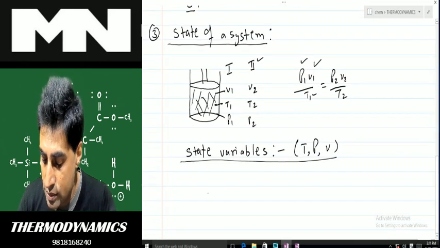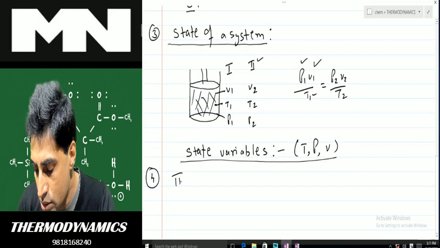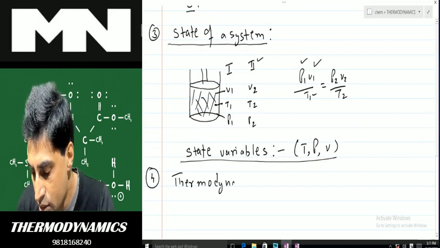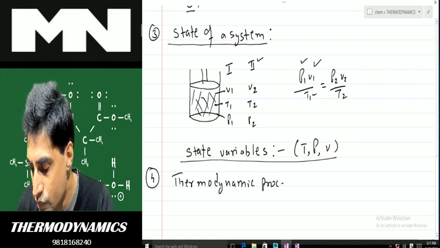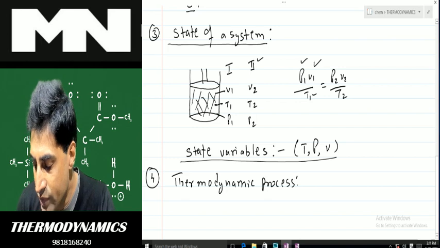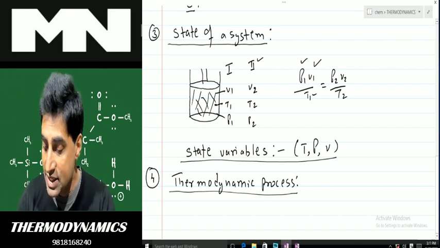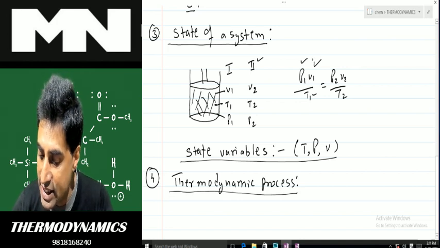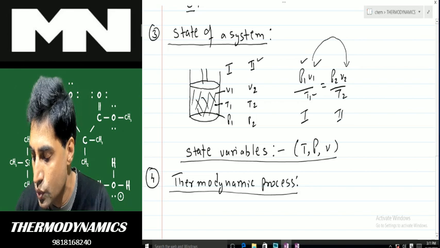Now we'll see the fourth point, a thermodynamic process. First we'll see what a process means. Whenever a system changes its state, it is coming from state 1 to state 2.